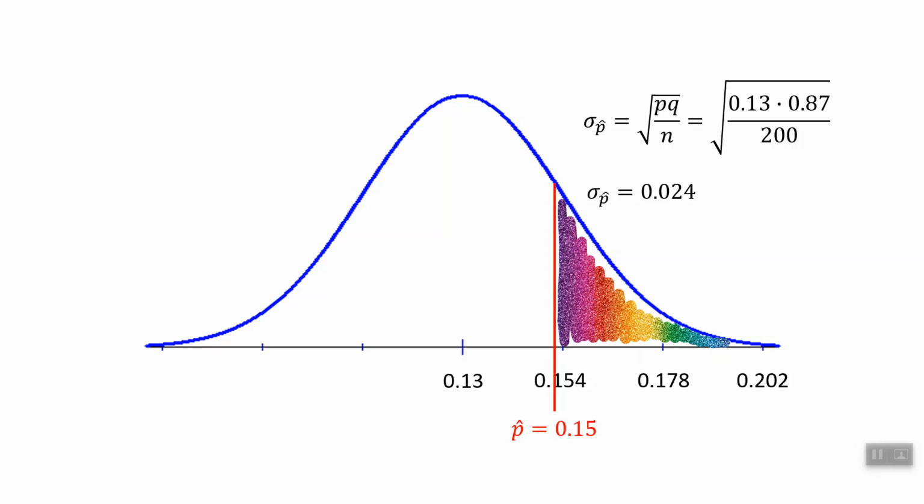This again is a sketch of the situation. It's very helpful to do this because we're about to go to software and have it help us find the area of this shaded area in my normal curve. And it's nice to go with a game plan. So let's keep in mind 0.13 is the mean, 0.024 is the standard deviation.